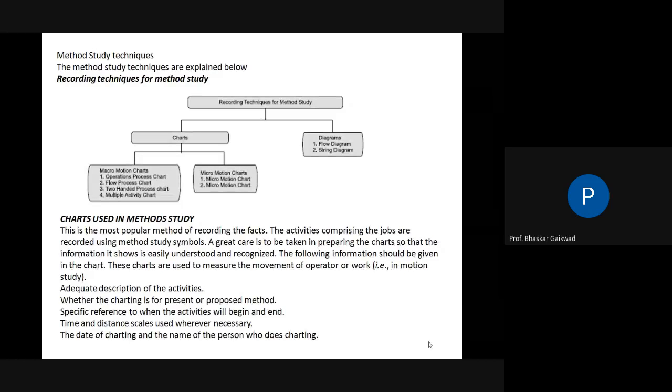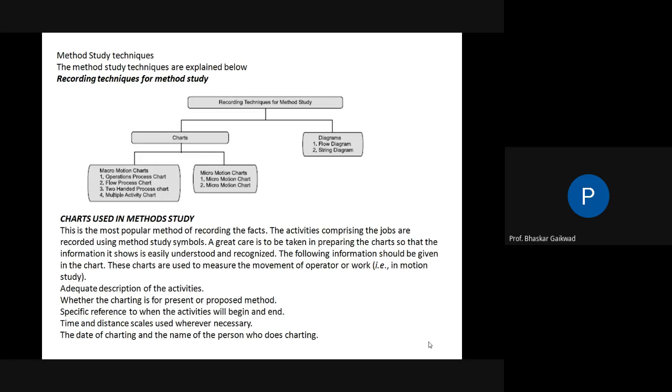For this, we require micro motion charts. Two charts are there: micro motion chart number one and micro motion chart number two. Micro motion chart is also called SIMO chart. Now macro motion charts here: operation process chart, flow process chart.